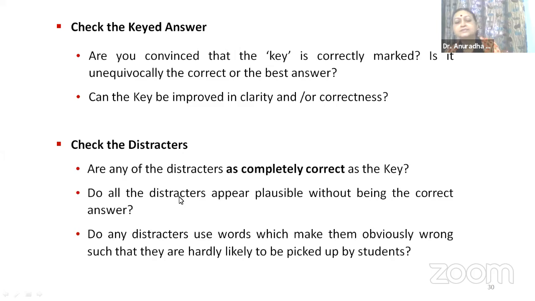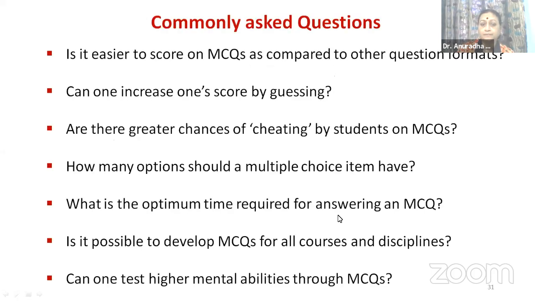Sometimes there is an unequivocally correct key, but 1 or 2 options might be such that they just can never apply. And if they can never apply, they are not plausible distractors. They are non-functioning distractors. So we have to check whether they appear plausible without being the correct answer. Do any distractors use words which make them obviously wrong, such that they are hardly likely to be picked up by students? This is a checklist for you.